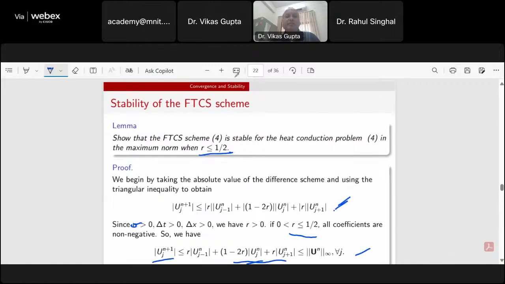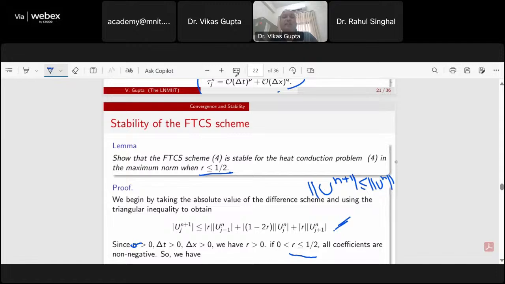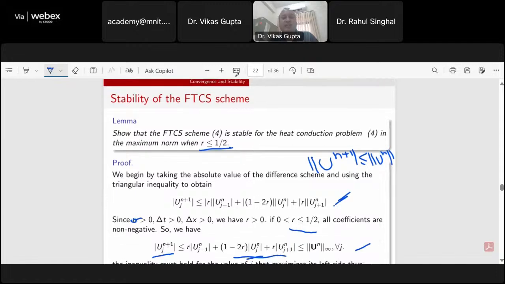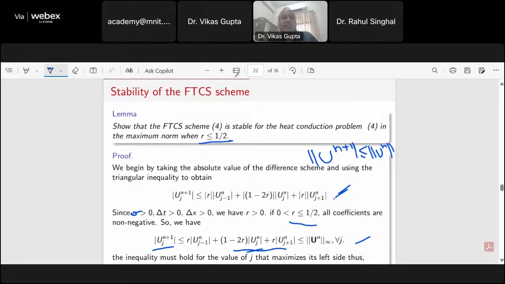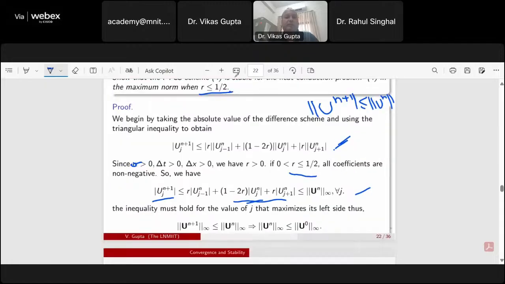In this way, we are able to show that the norm of u^(n+1) is less than or equal to the norm of u^n. So in this way, we can show the stability of the FTCS scheme. That is, norm of u^(n+1) infinity is less than or equal to norm of u^n infinity.